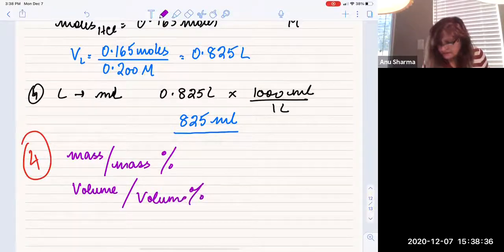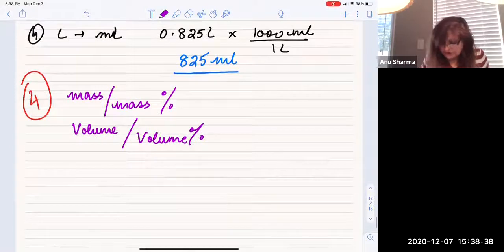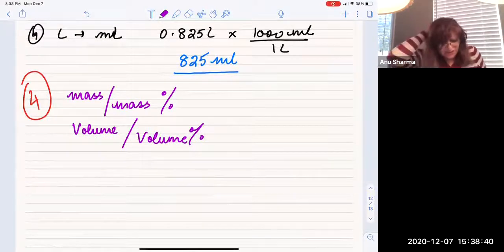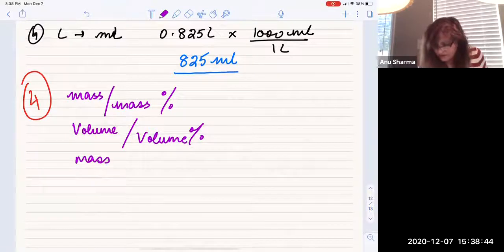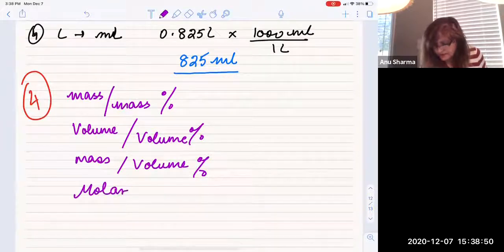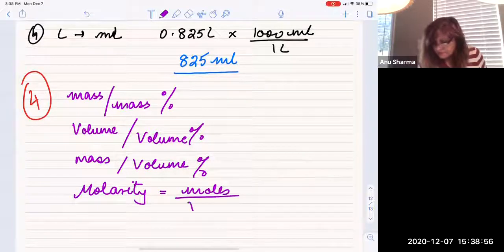This is the other one, the concentration of the solutions. And then comes the mass by volume percent. Look into those problems and look at the molarity questions where you are given the moles and the volume in liters.